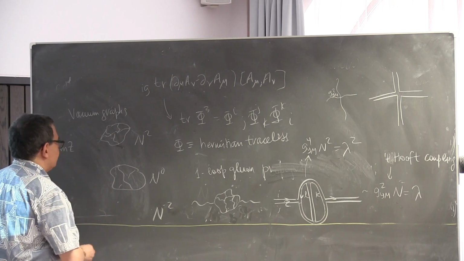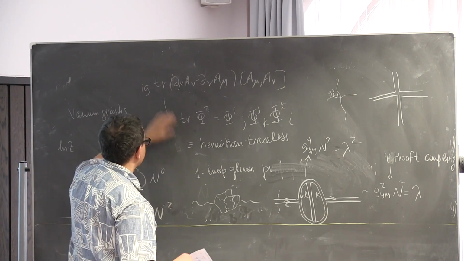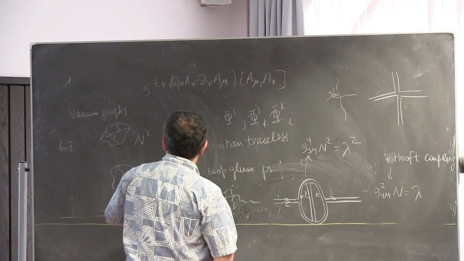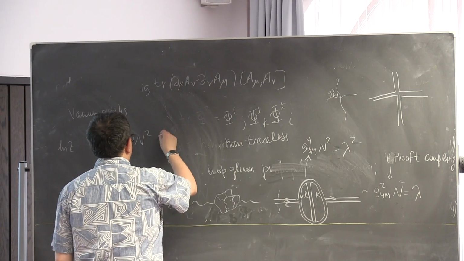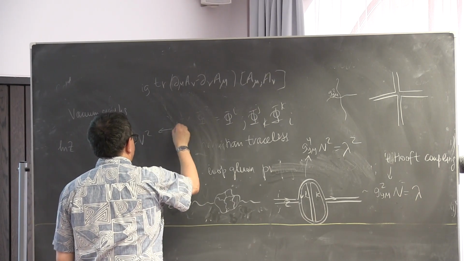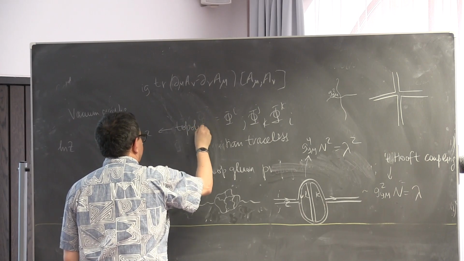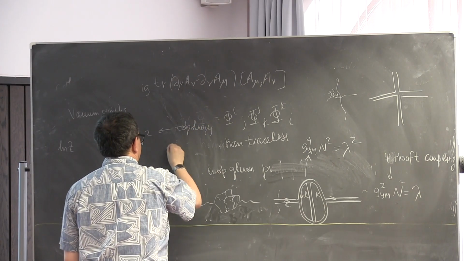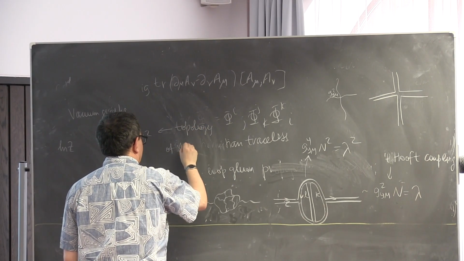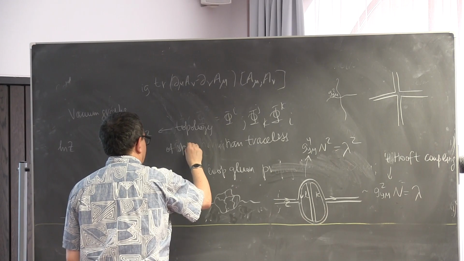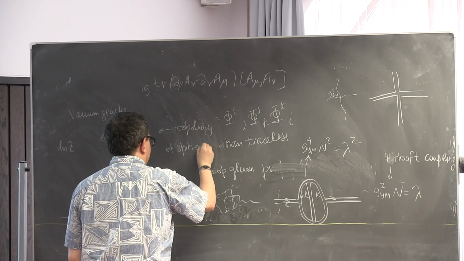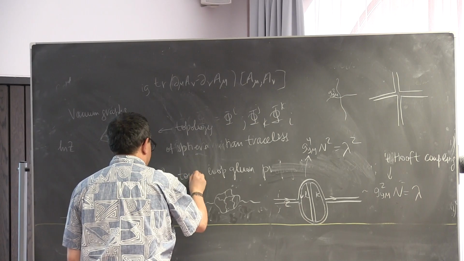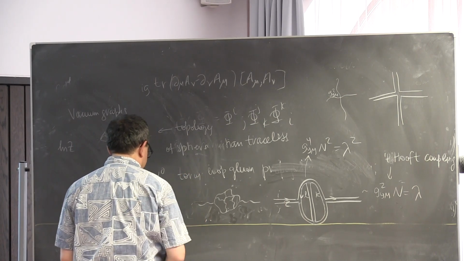So this is topologically a spherical topology. And this is a torus, and this is a sphere.